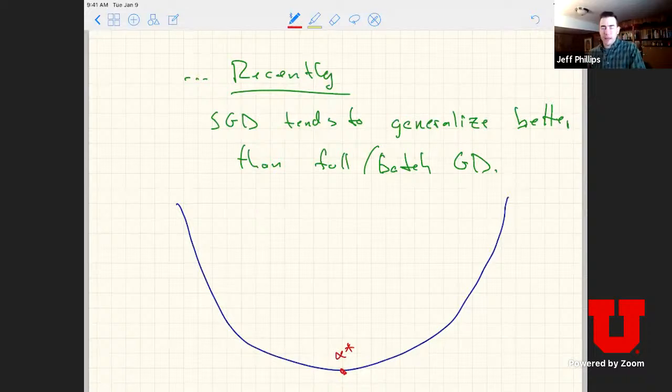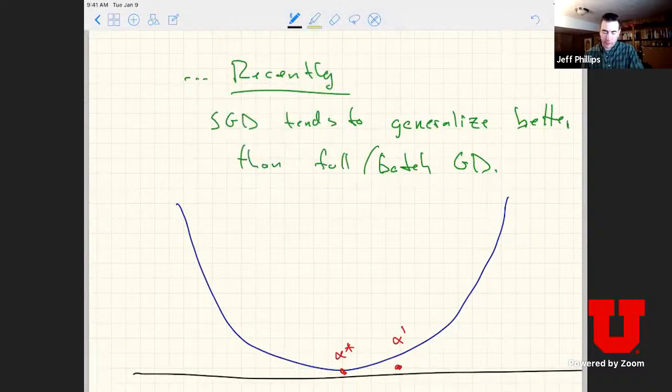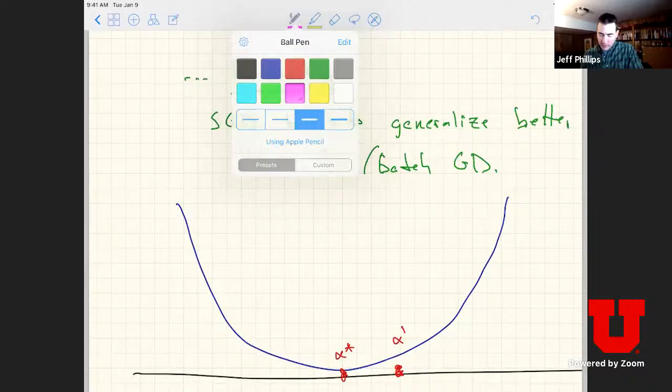And it could be that there's actually some other model, let's call this alpha prime.